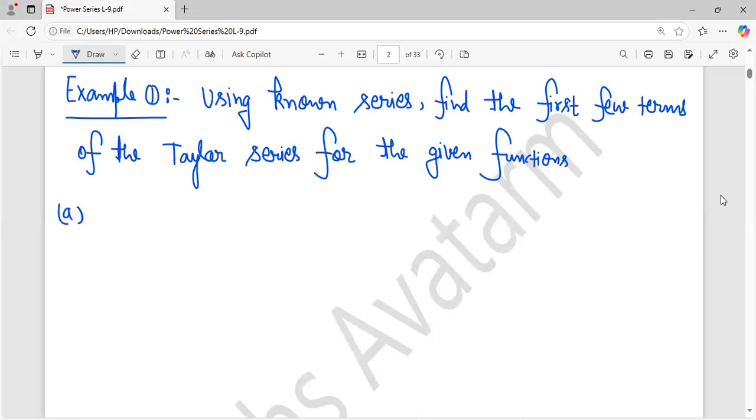The first function is 1 upon 3, 2x plus x cos x, and e to the power of cos x.